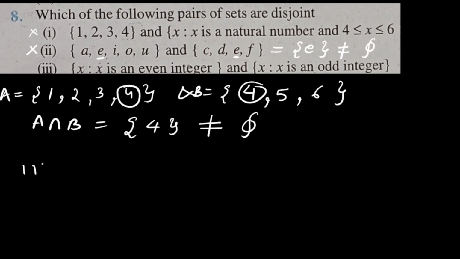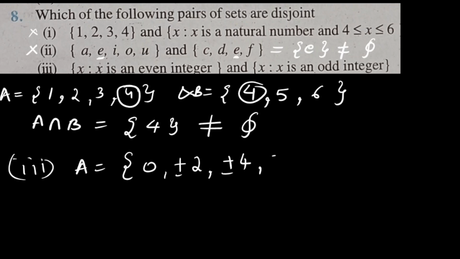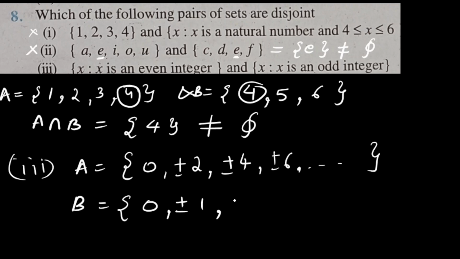The third part says, let's say A is the set of even integers. Even integers means 0, plus minus 2, plus minus 4, plus minus 6 and so on. Again B, x is an odd integer: 0, plus minus 1, plus minus 3, plus minus 5 and so on.